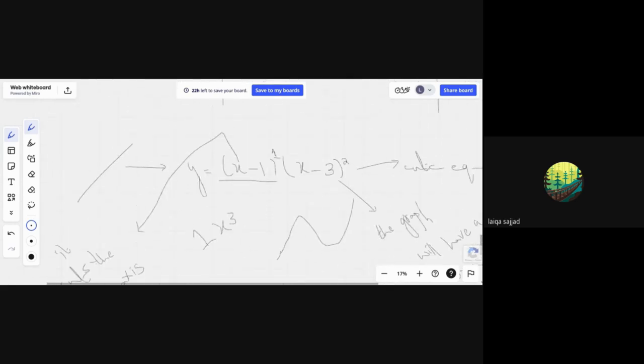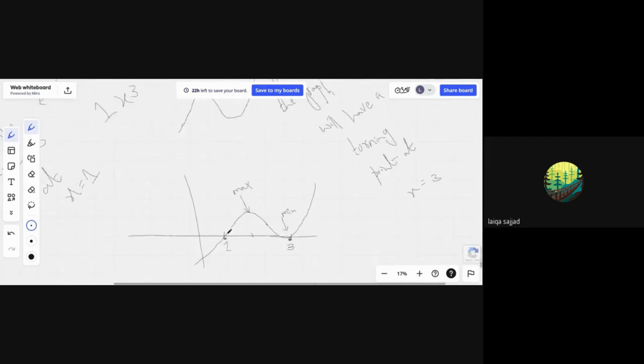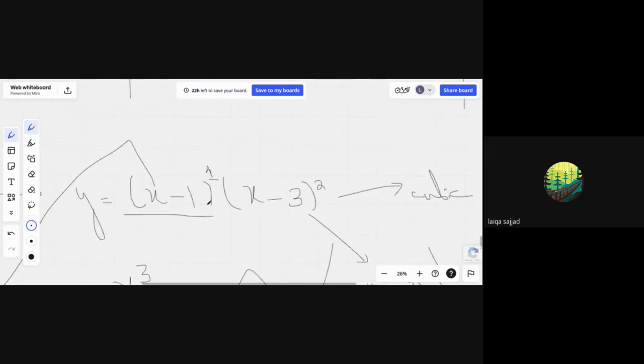We only get the point where it cuts the x-axis when the factor only has a power of 1, just like we have over here. You can see that we are not having a turning point at this point, it is only cutting it. It just passes through this point, it comes from above, cuts at this point, and then goes down. It does not give you a turning point because the power of this factor was 1.